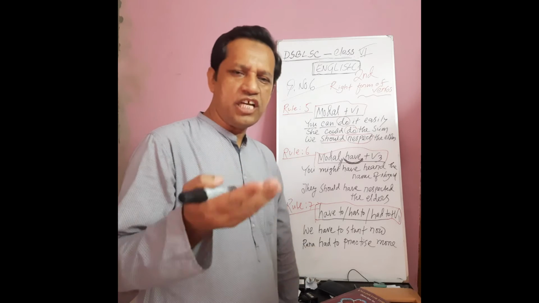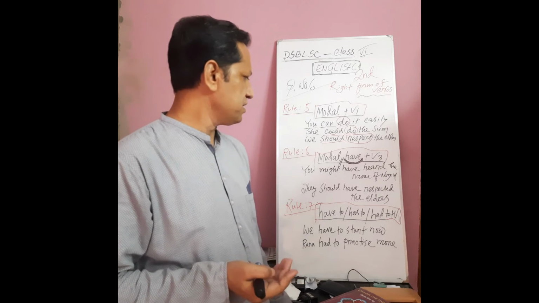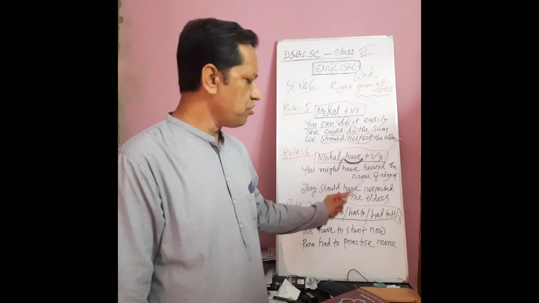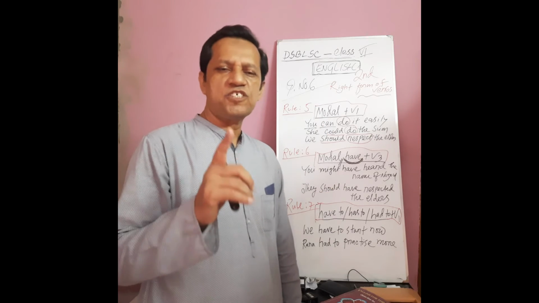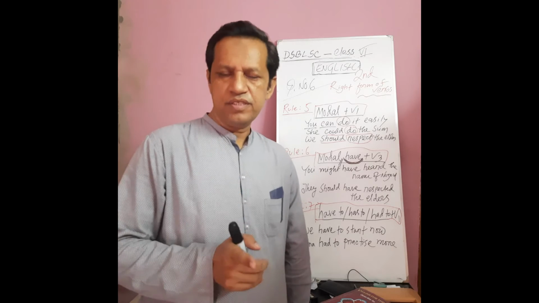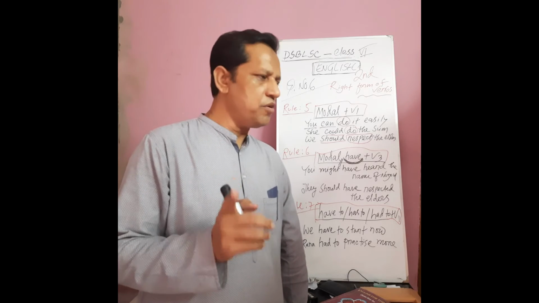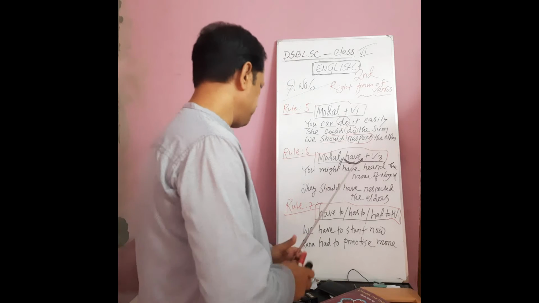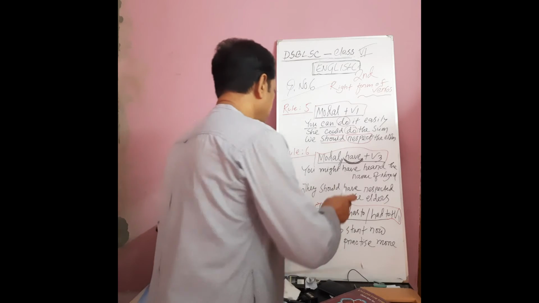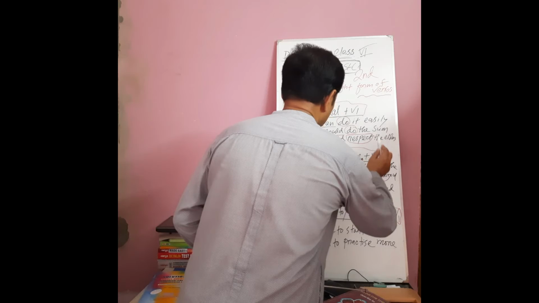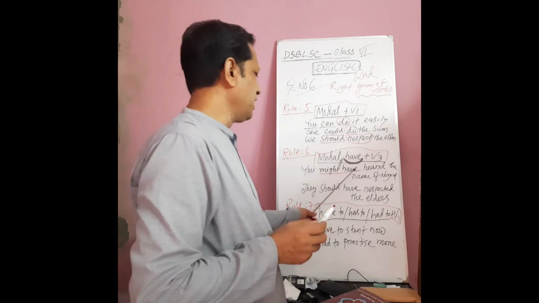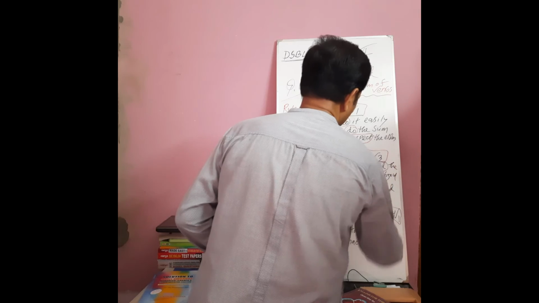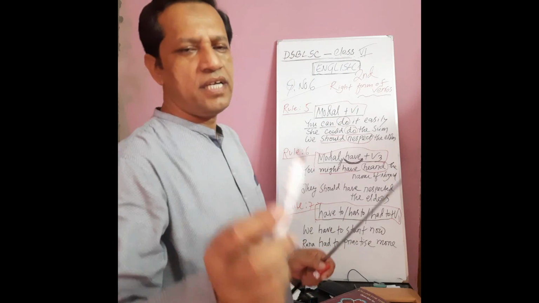When you see this type of modal verbs, then you have to use V3 form, actually past participle form of verbs. You can see here that you might have heard. Heard is actually the V3 form of hear.